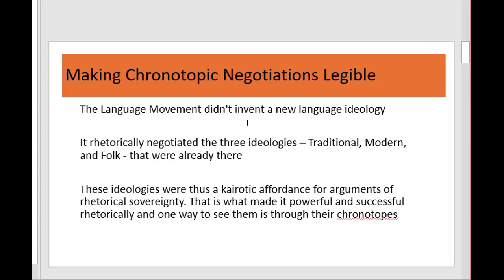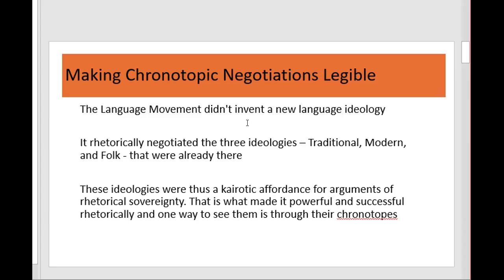Those are the three major ideologies I identify, and each had certain conceptualizations of language built within it. And I'm arguing in the book that the language movement was able to successfully negotiate itself in these three ideologies and brought with it each of those semiotic systems to make the overall discourse and the rhetoric of the language movement more effective.